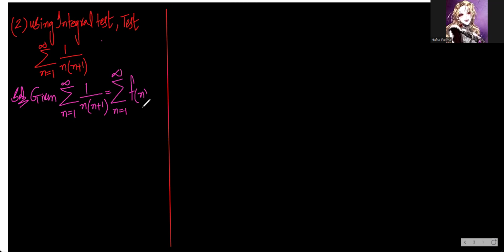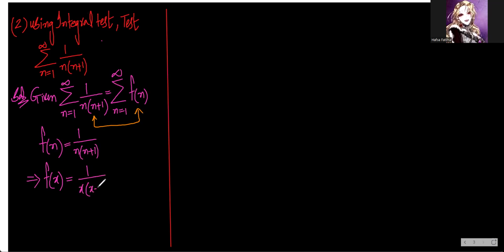We have to compare with f of n. So f of n is 1 by n into n plus 1. From this f of n, I can also find f of x, which is nothing but 1 by x into x plus 1.